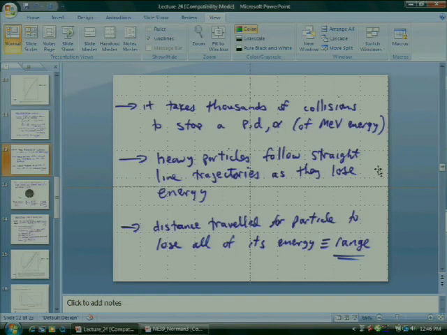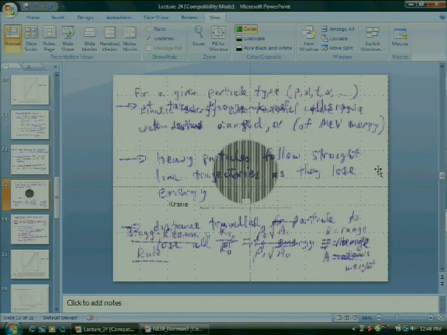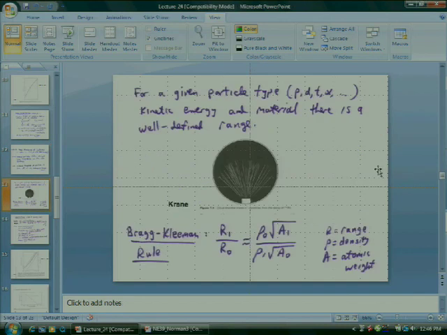So the heavy particles travel more or less in a straight line. And then there's a very well-defined range, which is the distance that needs to be traveled for the particle to lose all of its kinetic energy. And that range depends on the kinetic energy of the particle, the type of particle it is, and the material.